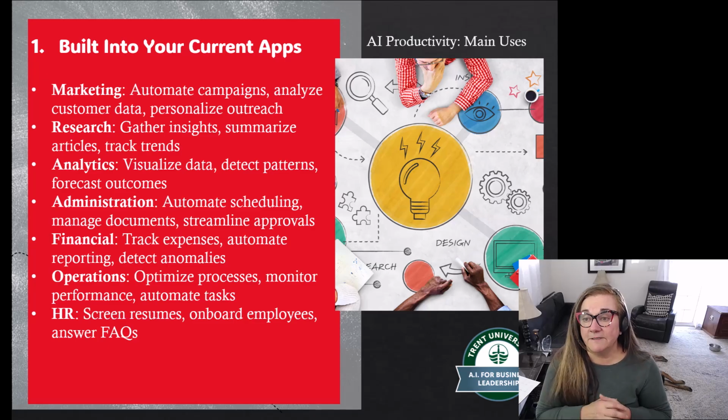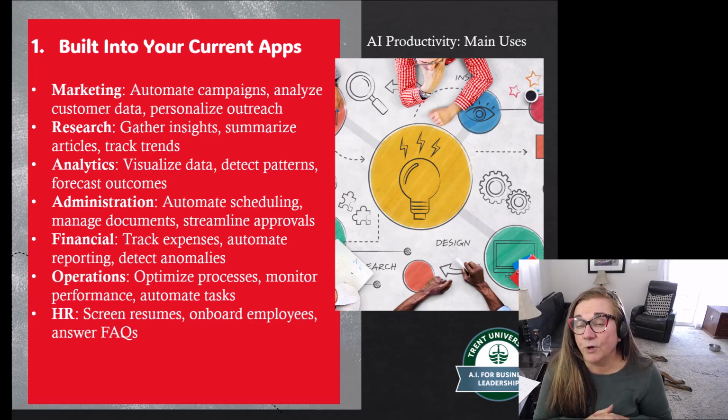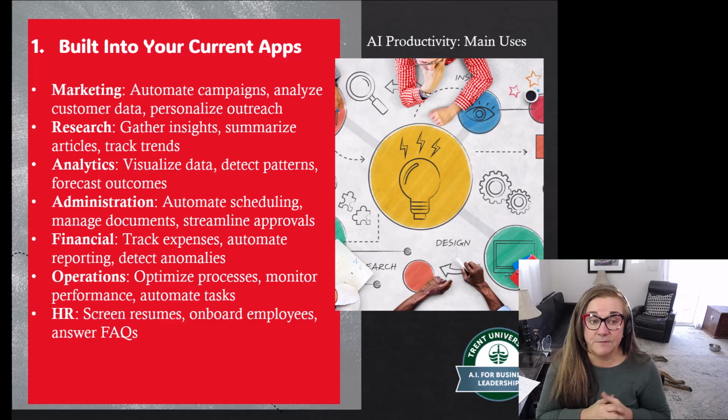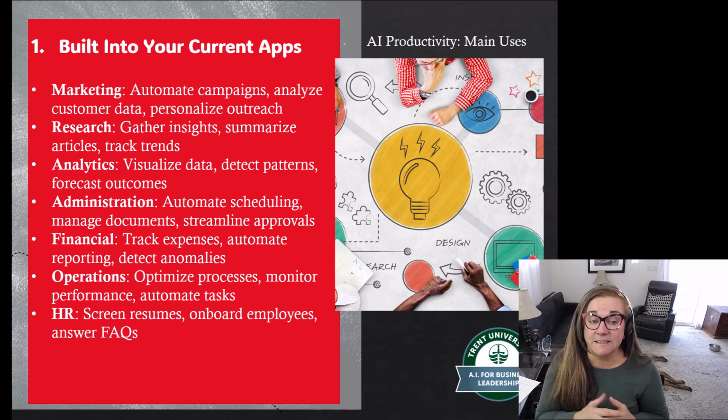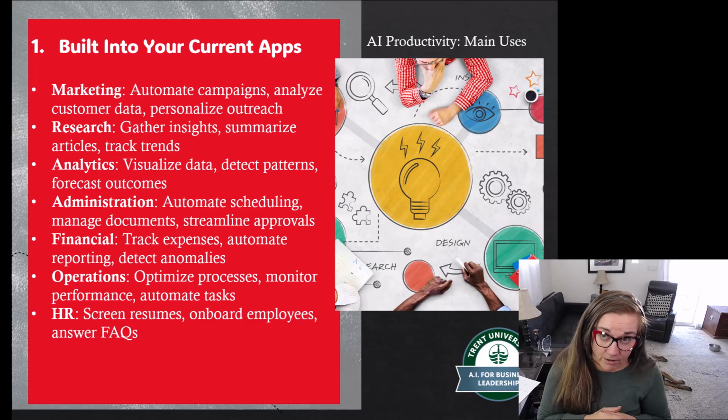So now what I have is some ideas for your productivity using AI and some of the main uses. We've talked a lot about these already, so I'm not sure I'm going to spend very much time on them. But marketing: automating your marketing, analyzing data, personalizing the outreach so it knows what segment it's sending what to. Research: gathering insights and summarizing articles.